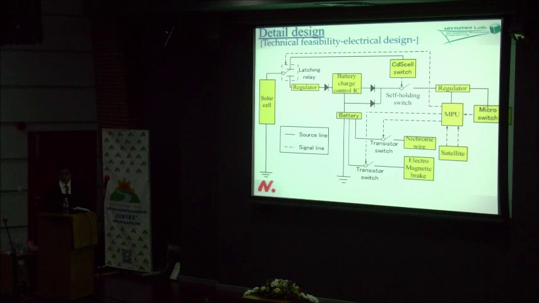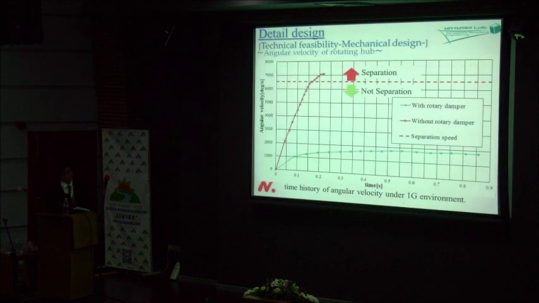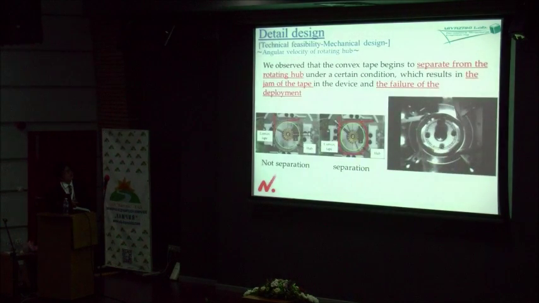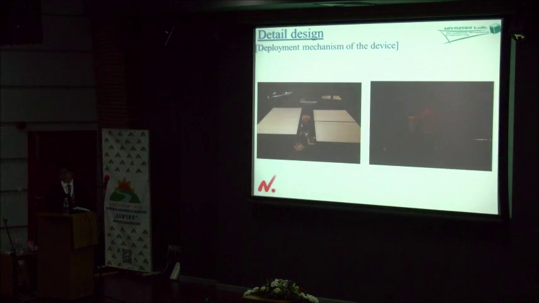You said the total mass is 246 grams, the weight of the deployment system, the orbiting system. The total weight, 246 grams. Does that include the mass of the battery and the solar cell and the electronics?